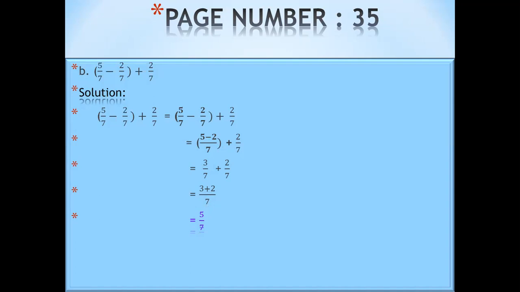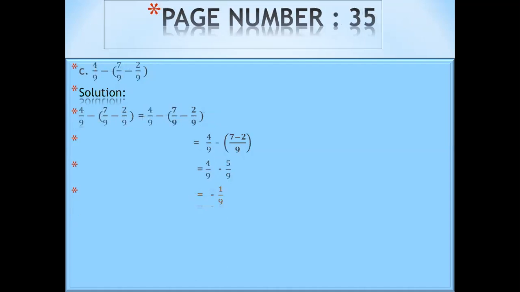When the denominator is the same, we only simplify the numerators. 5 minus 2 is 3. 3 over 7 plus 2 over 7. Again, the same denominator, so add 3 plus 2. 3 plus 2 is 5. 5 over 7. This is our required answer after simplifying the fractions.